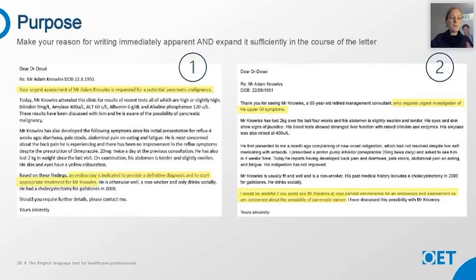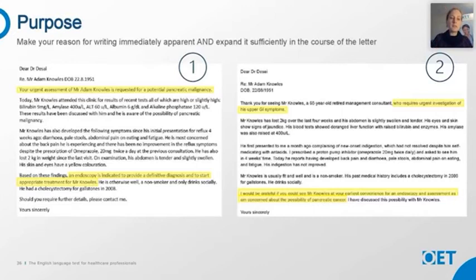Now, just pausing here to talk about purpose, we often think of purpose as a circle. At the beginning of our letter, we explain at a high level why we are writing to the patient. What is our high level request of this patient? Our high level request in this case is assessing our patient. So we start off with that as the purpose. Within the course of the circle of the letter, we include all of the detail that the reader needs to understand the situation.